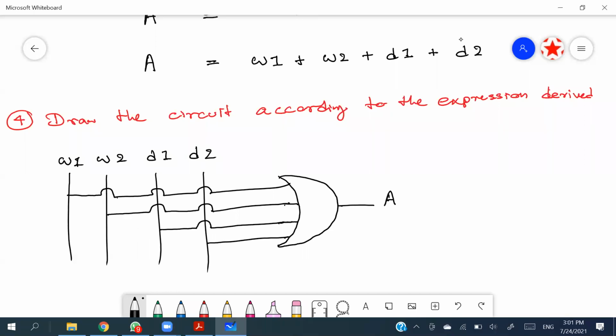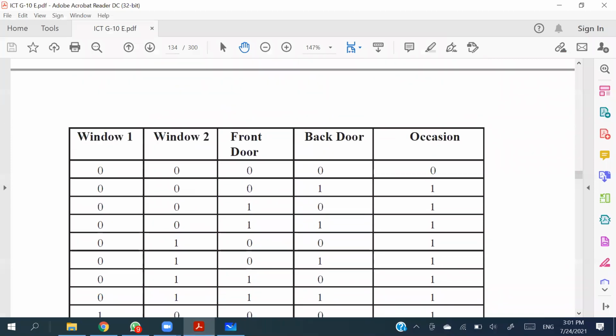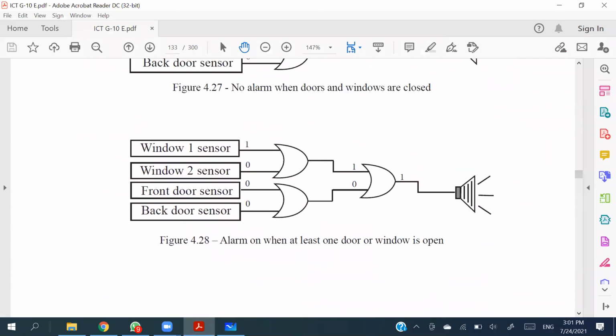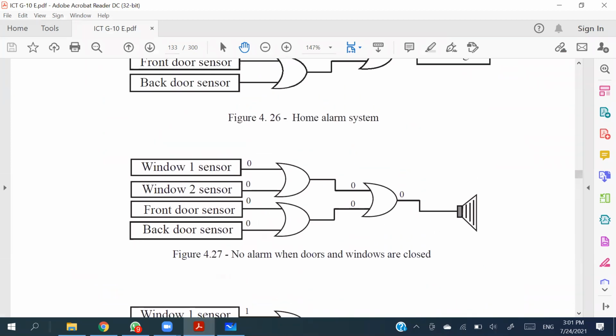So you will be having the output A, right? But you can see in the textbook, they have taken 3 O gates to bus it. So instead of 3 O gates, we can do it from one particular O gate, right?